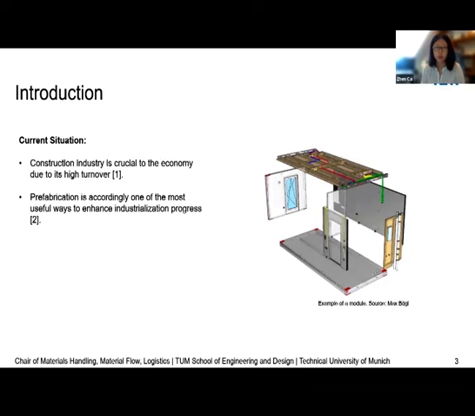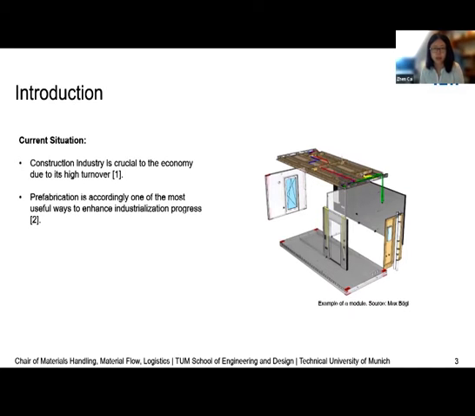As we know, the construction industry is crucial to the economy due to its high turnover, especially in Germany. And prefabrication is accordingly one of the most useful ways to enhance the industrialization progress of the construction industry.